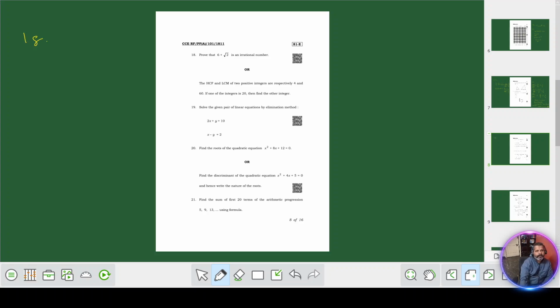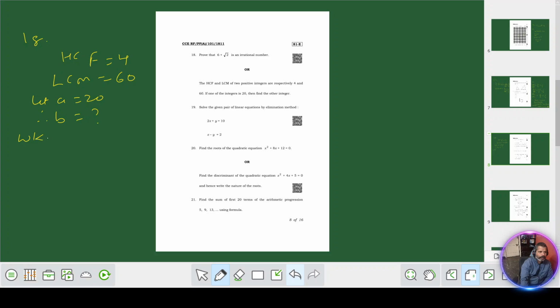HCF and LCM of two positive integers are respectively 4 and 60. Therefore, given HCF is 4, LCM is 60. One of the integers is 20, so let A be 20. Find the other, therefore B is equal to question mark.